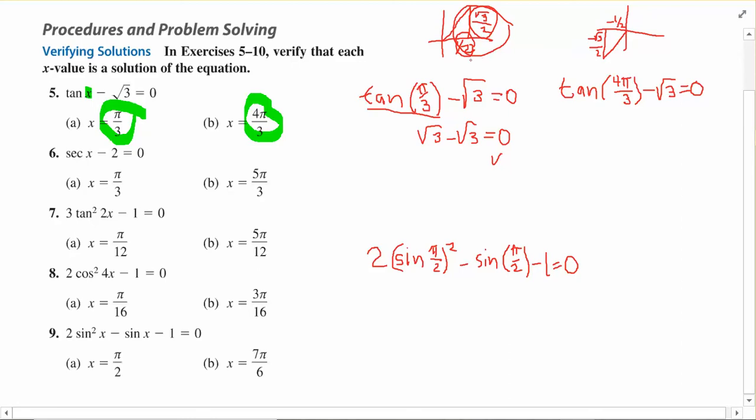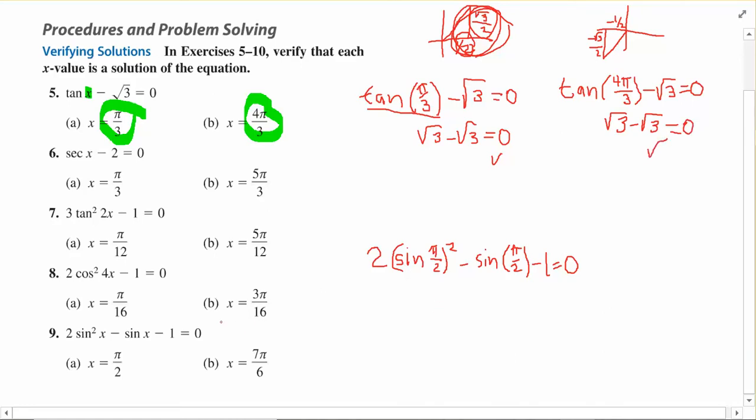But it'll still be the same relationship, and it's a negative over negative, so it's going to be a positive root 3 again. And positive root 3 minus root 3 again is 0, so that one also checks.